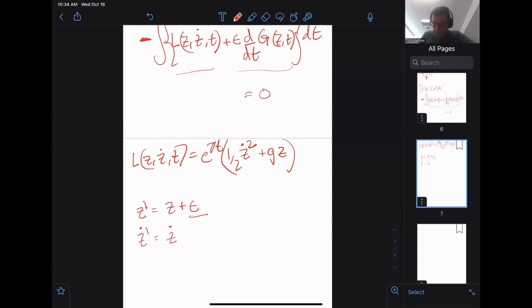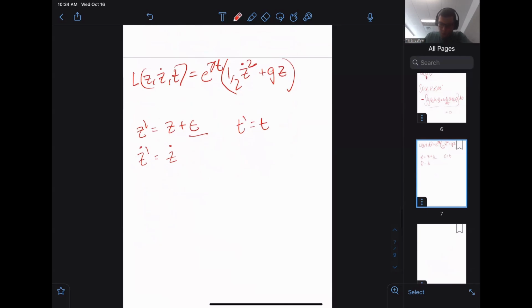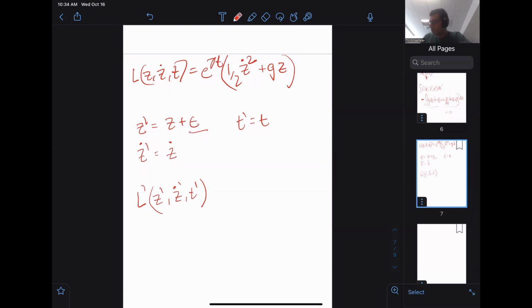And like I said earlier, t prime is just equal to t. So now we can write the prime Lagrangian in terms of the original unprimed coordinates.